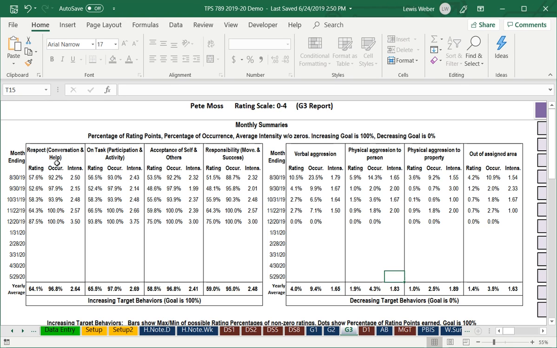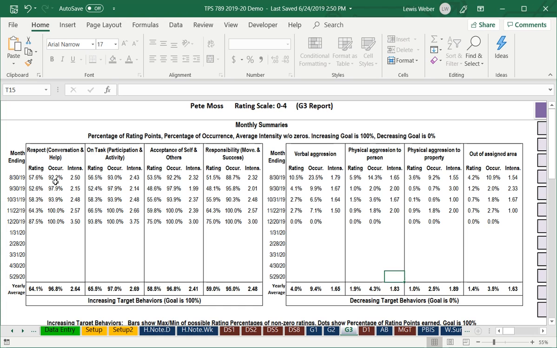And most of the time, something happened in terms of the increasing target behavior, but not all the time. As we can see right here, for example, during August, Pete did not have 100% of occurrence for his respect. That means that 7.8% of the time, 100 minus 92.2, 7.8% of the recording blocks.